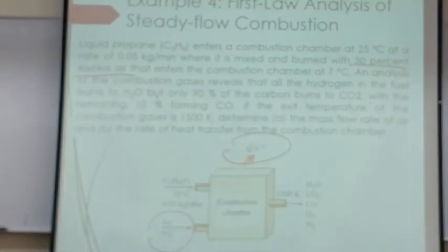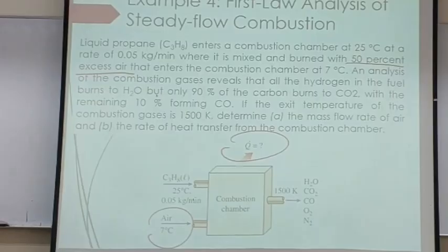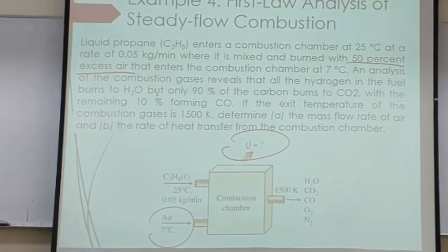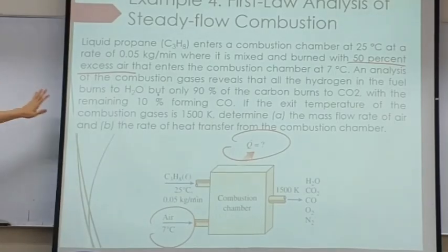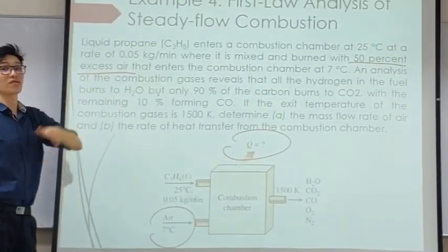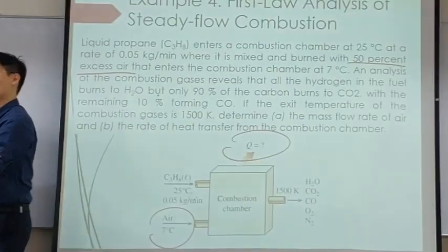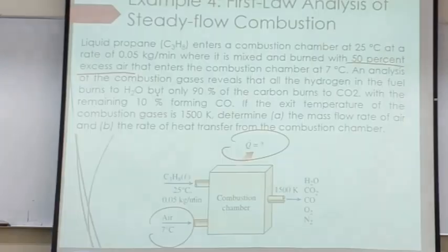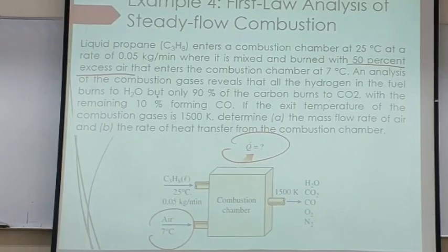Sometimes it is not a must, meaning you can still solve without doing this, but most of the time I encourage it. Regardless of what the question tells you, like in this question, they tell you you have 50% excess air, so you have extra air, and at the exit you have CO, meaning this is an incomplete combustion. We don't construct a chemical equation based on this first.